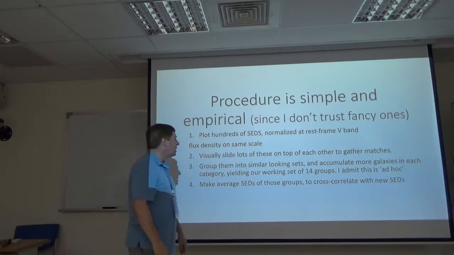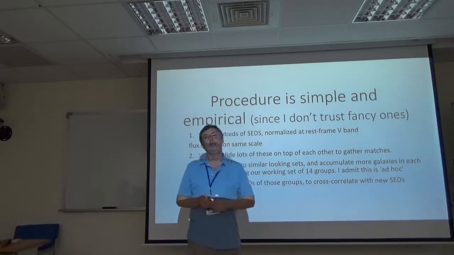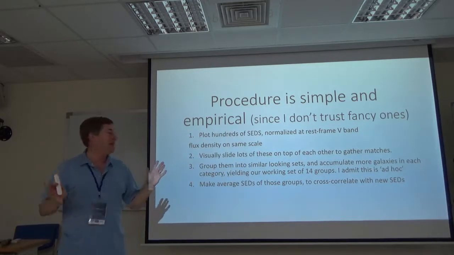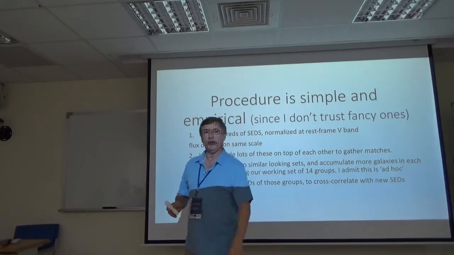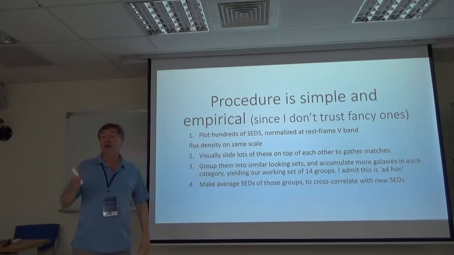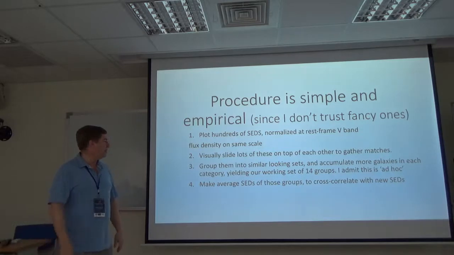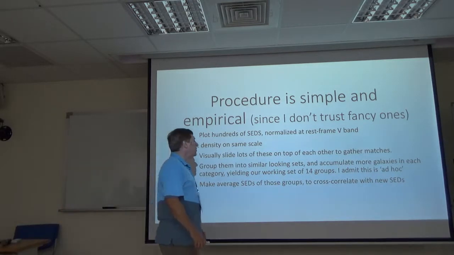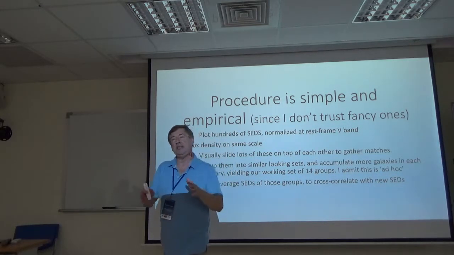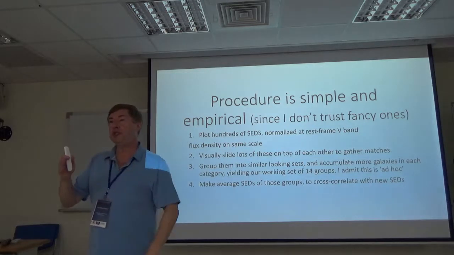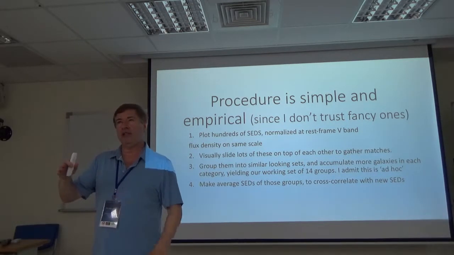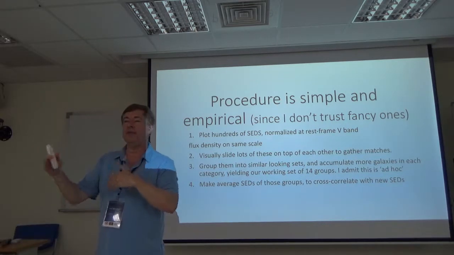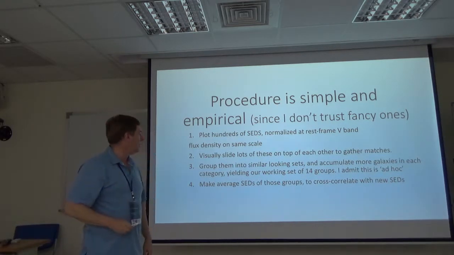So after looking at this a lot, we came up with, this is really ad hoc. You know what ad hoc means. We're just making this up. So it's not based on scientifically precise principles that I could tell you what it is. But we could come up with about 14 different groups of galaxies which to us look quite similar among the galaxies in one group, and they look different from the SEDs of other galaxies.